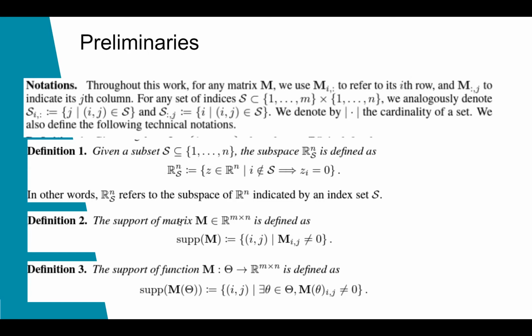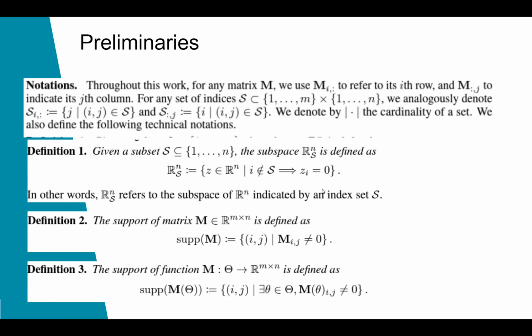But I think the only thing that matters is this sentence. It just refers to the subspace of R^n, with the index set S. For example, if S equals 3, then for the indices i not belonging to S, from 4 to 10, the entry should be 0.